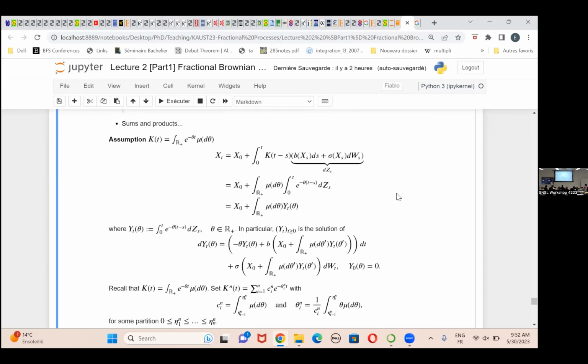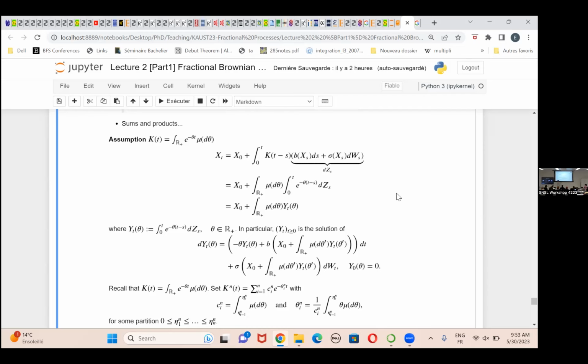This also gives some insight on fractional Brownian motion in the sense that you have infinitely many factors that are all constructed on dW, so they share the same Brownian motion, so they are highly correlated. The only difference is the mean reversion. So fractional Brownian motion can be seen as an infinite superposition of Ornstein-Uhlenbeck processes that mean revert at different speeds.